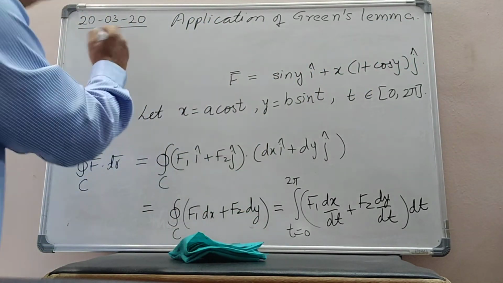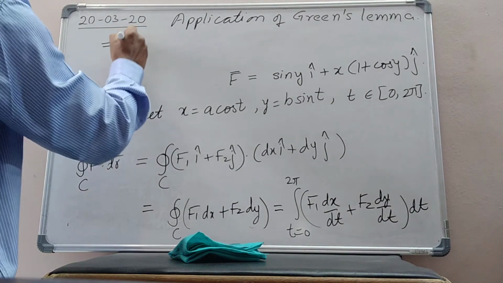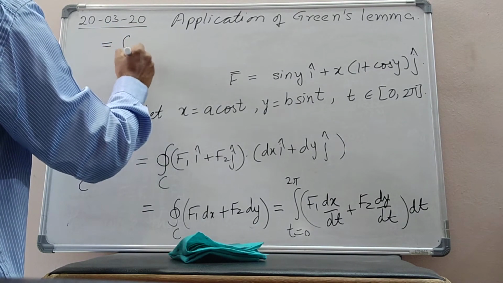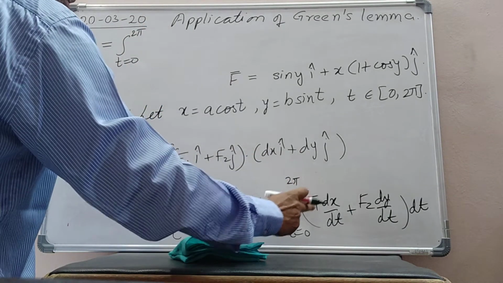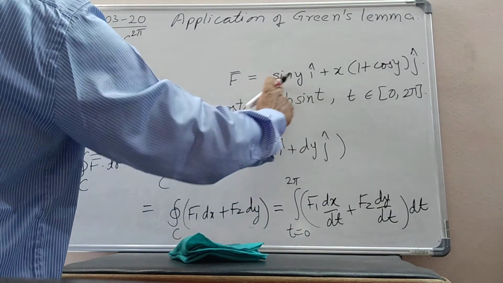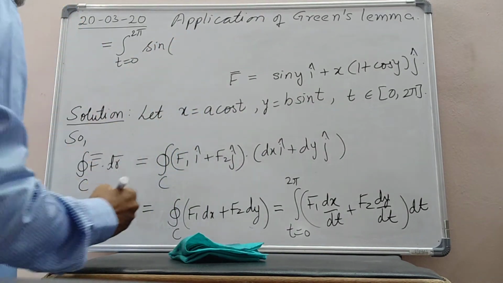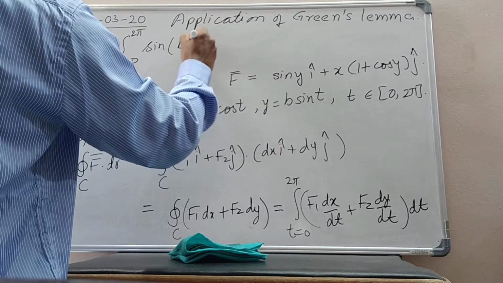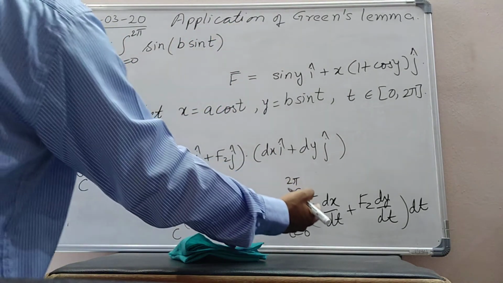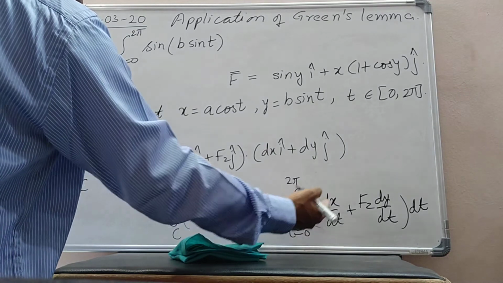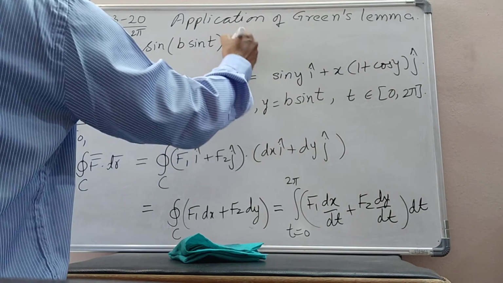Alright, so this is equal to integration from 0 to 2 pi of f1 dx/dt. This is your f1, sin of y, and y is b sin t. What is dx/dt? dx/dt will be minus a sin t.